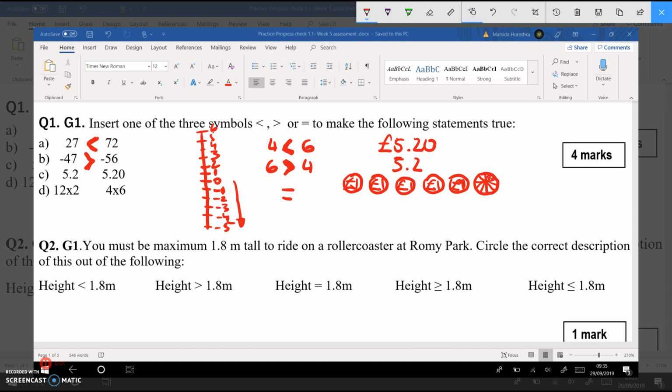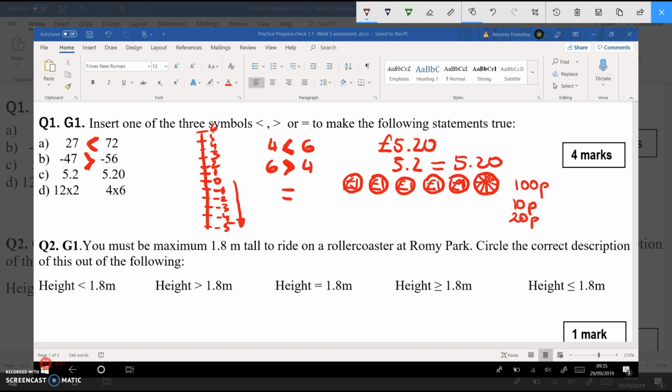And since the coin has a value of 100 pence, if I split it into 10 or divide into 10, that means that each slice will have a value of 10p. So 2 slices will be worth 20 pence. So again, this is the same as the 5.20 we had at the top. So 5.2 is equal to 5.20.